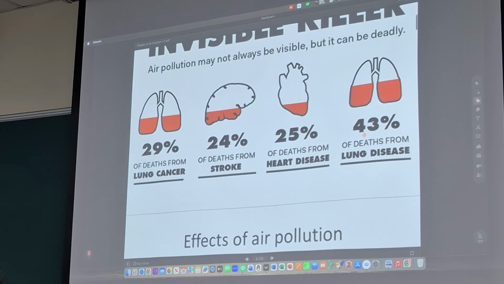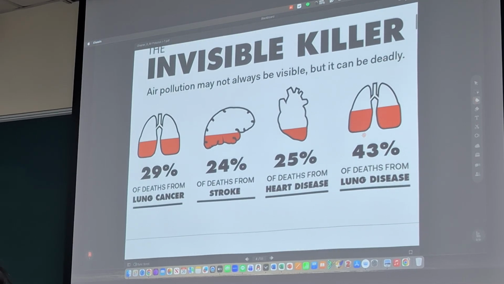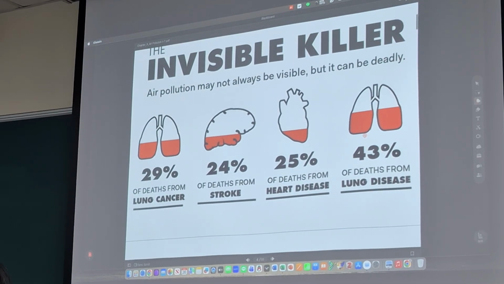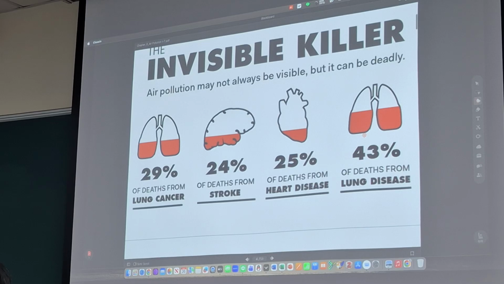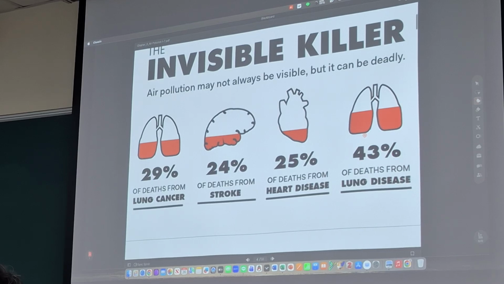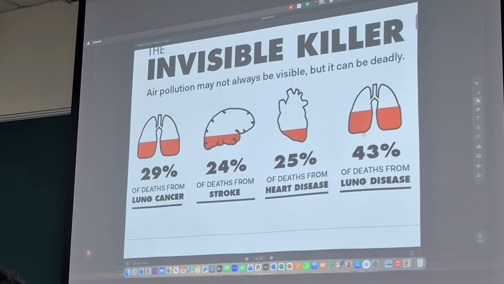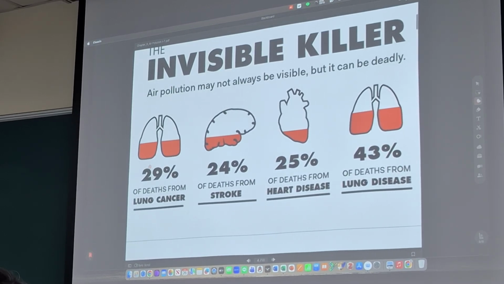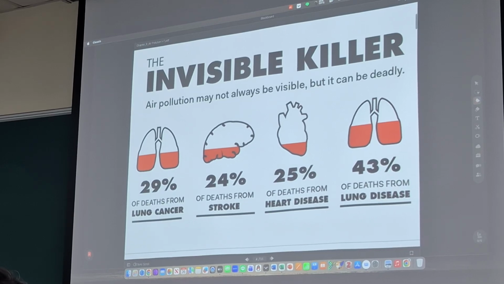About 29% of the deaths due to air pollution are caused by lung cancer. Students, you don't need to memorize those numbers, I just give you an idea.